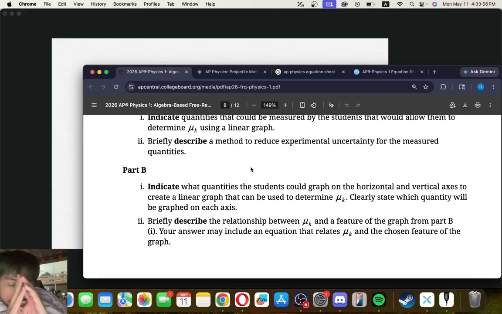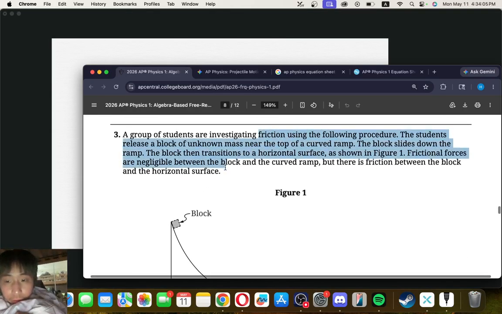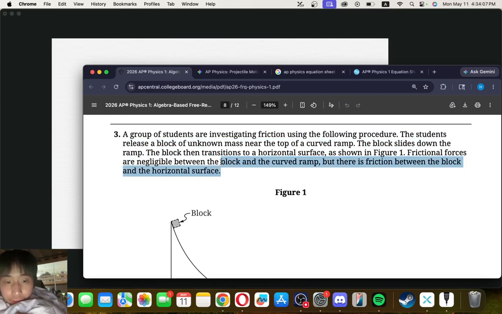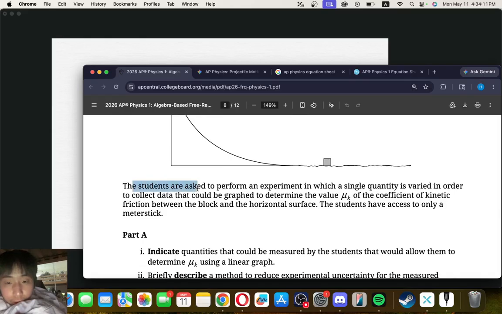wait, need two varying things. So the thing that will vary for sure, let me see what changes. It can't be the mass.